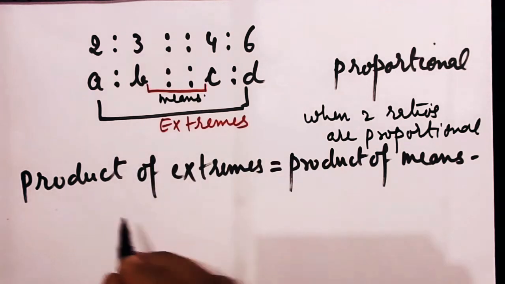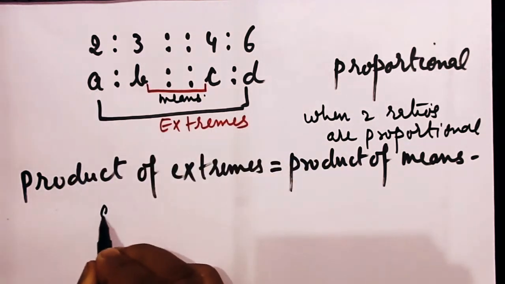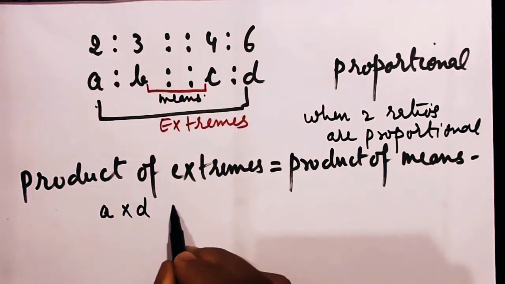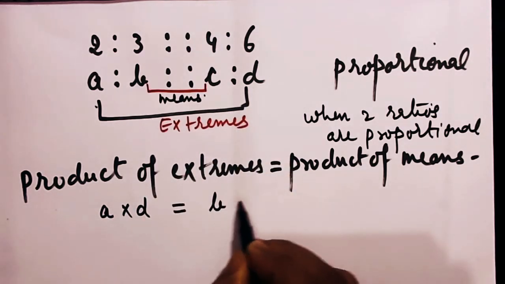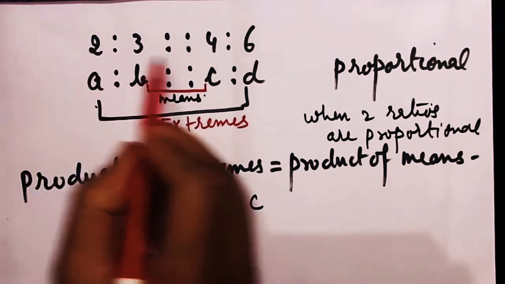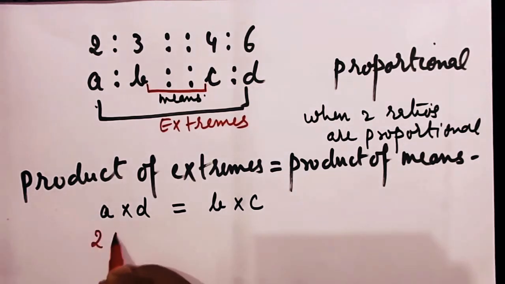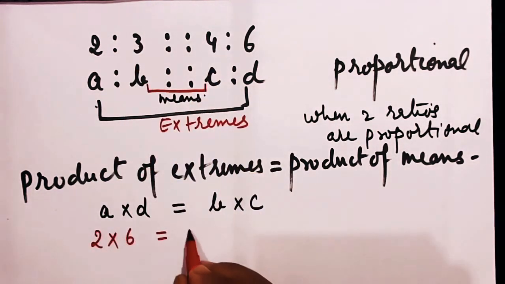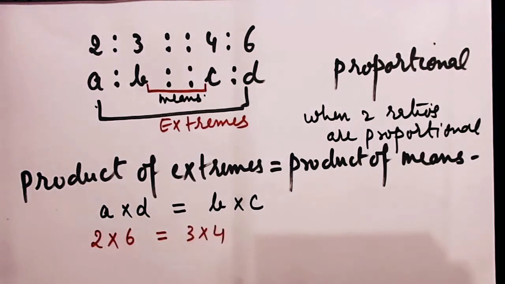This means here A multiplied by D, these are the extremes, is equal to B multiplied by C. If you want to check it, then have a look. 2 into 6, 2 times 6 is 12, and 4 3s are 12.